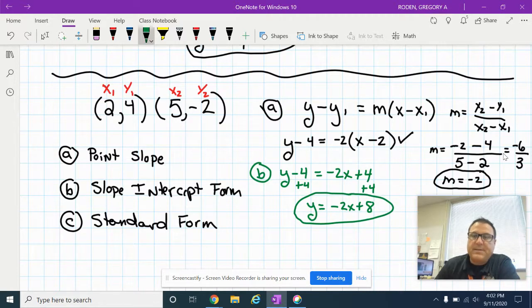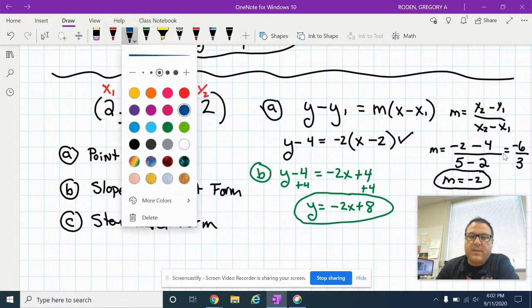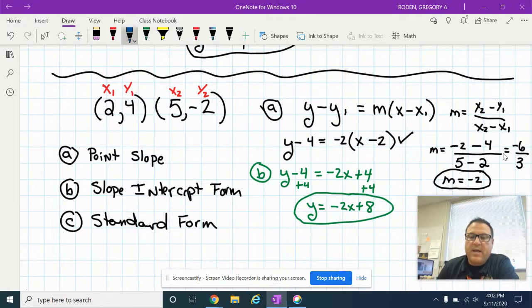Now, the last thing we want to do is put it in standard form, okay? Well, standard form is really easy. Standard form just says, okay, move the x over so the x's and y's are together, and then the constant, the number without the variables, on the other side. So part C, I have y equals negative 2x plus 8.